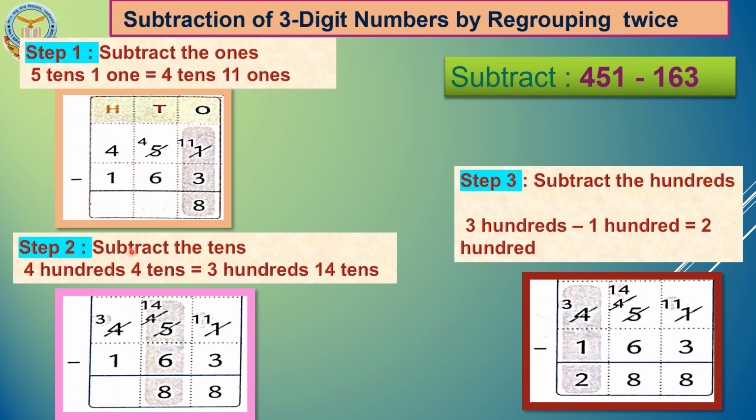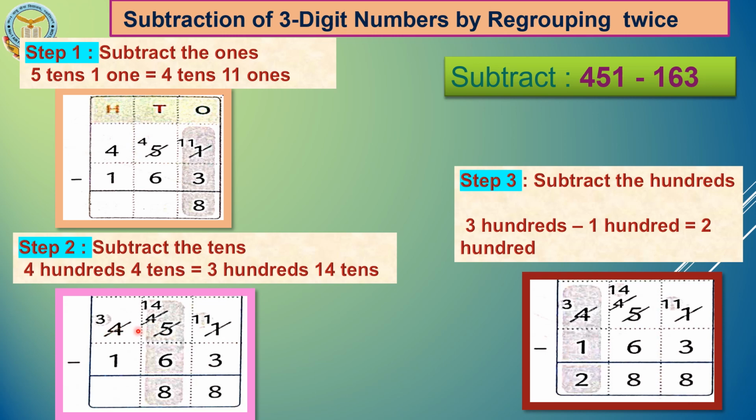Subtract the tens. In tens place, we see that 6 tens is greater than 4 tens. So we cannot subtract 6 tens from the 4 tens. So what do we have to do? We have to regroup hundreds and tens.